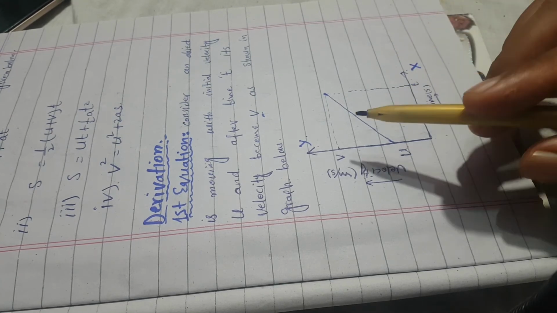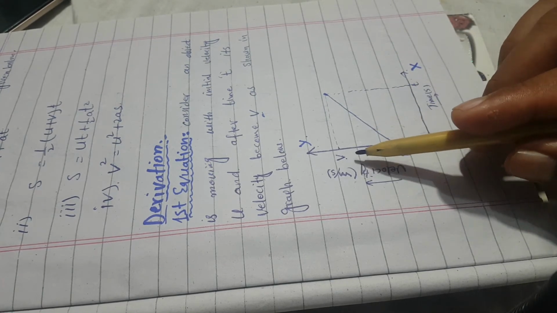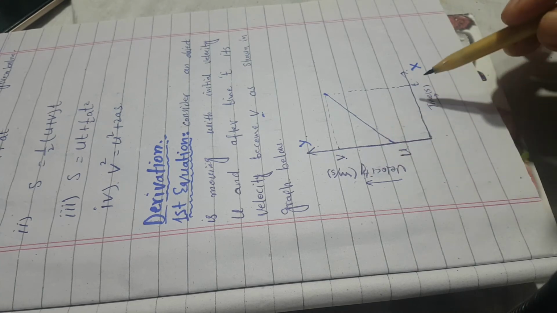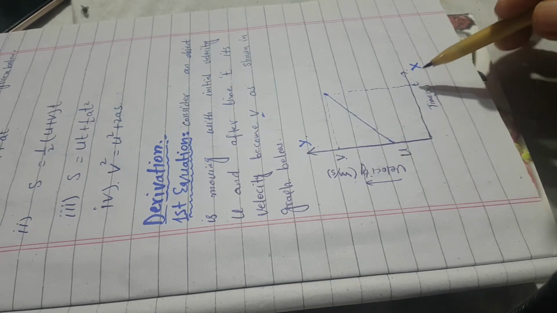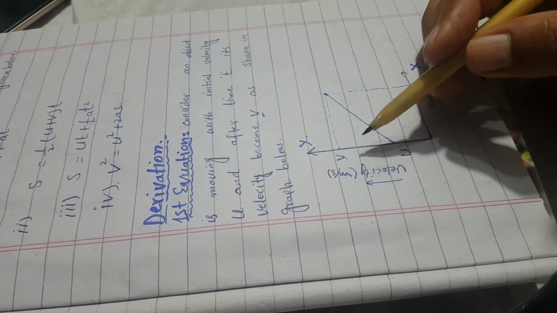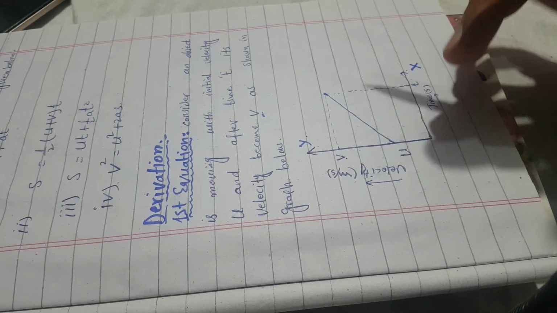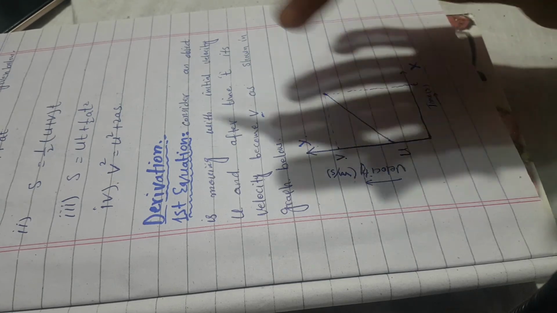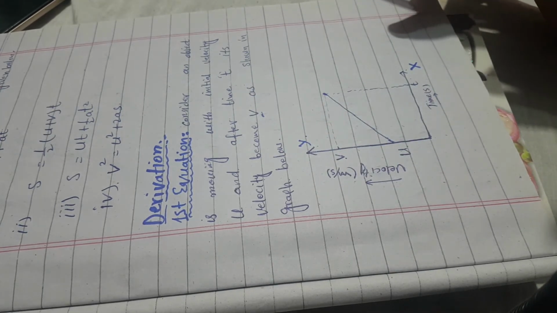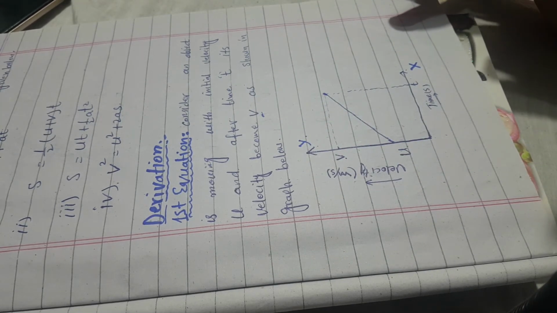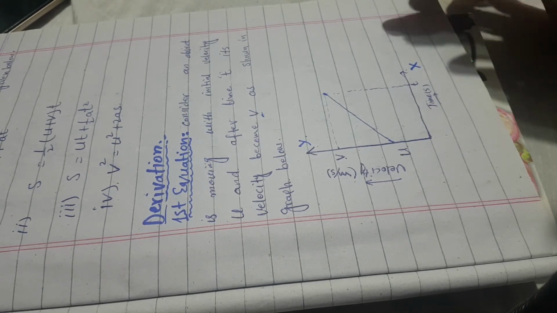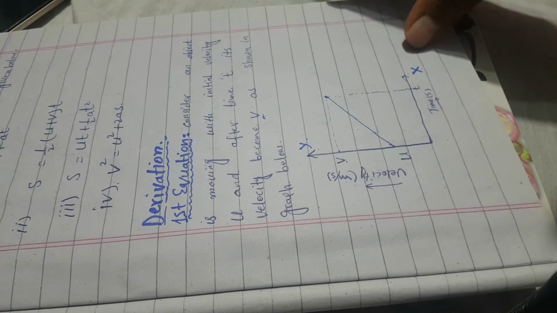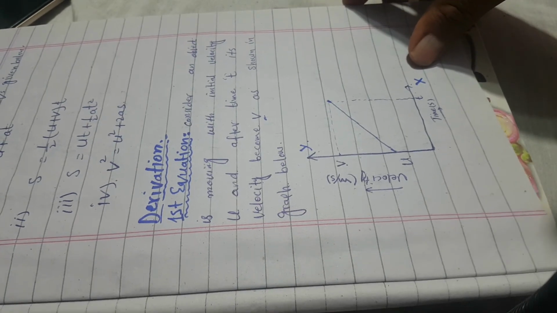So we can say that v is dependent on time, but time is not dependent on v. So we take v along the y-axis and t along the x-axis. Hopefully you got it. So we will move to the next page.